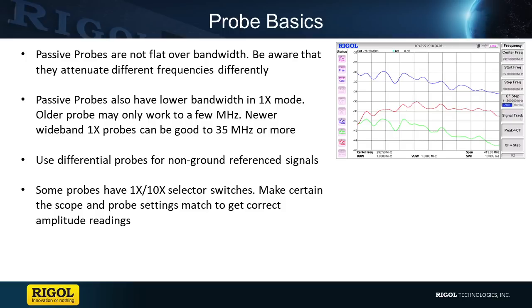It will attenuate or make it really difficult to see the higher speed signals up towards 100 megahertz. So if you want to look at anything really past 10 megahertz, you probably want to switch to your 10x mode. That gives you 10x lower voltage, but the scope setting for the attenuation can change the math so it looks right.